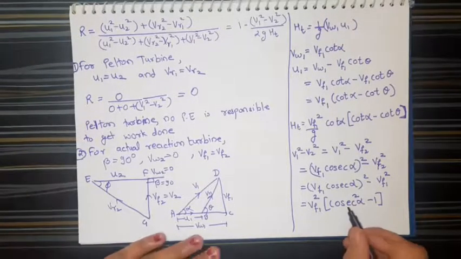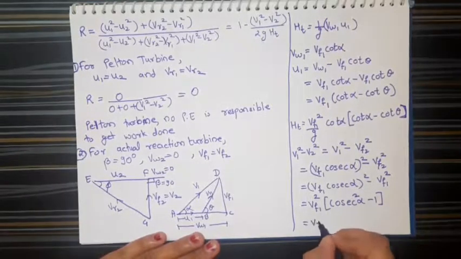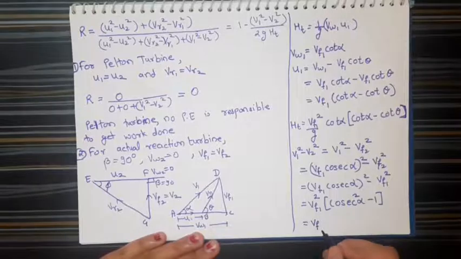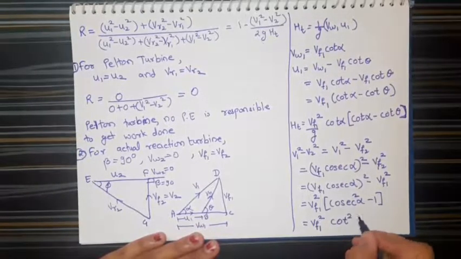Again, cosec square alpha minus 1 is equal to cot square alpha. So we can write VF1 square cot square alpha.